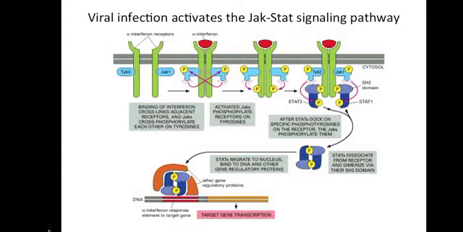In this case, the STAT dimer has a nuclear localization signal that is now exposed. You can see this down at the bottom here. And it can go into the nucleus and it binds to some promoter and activates gene expression, and that's involved in expression of different genes involving cytokines and stuff like that involving the immune response.